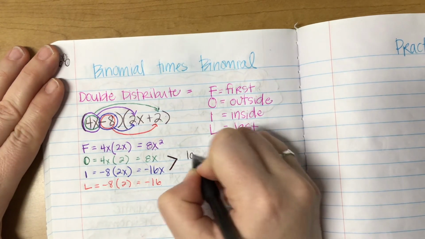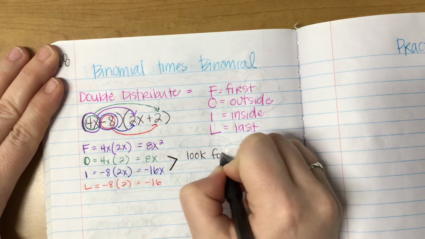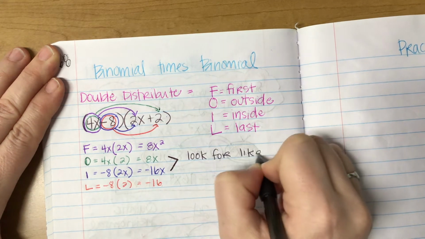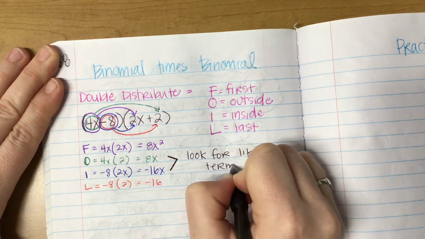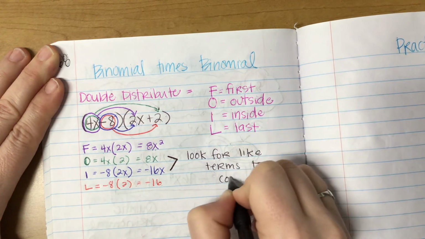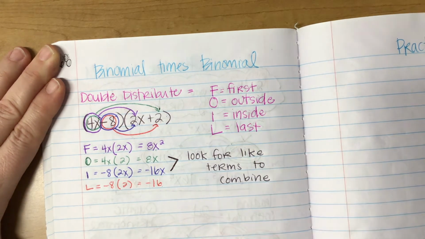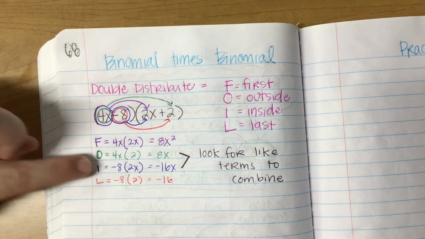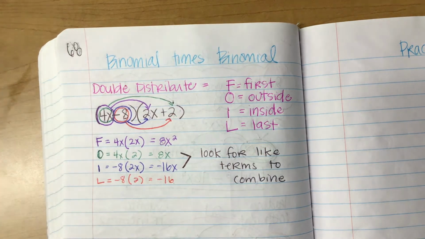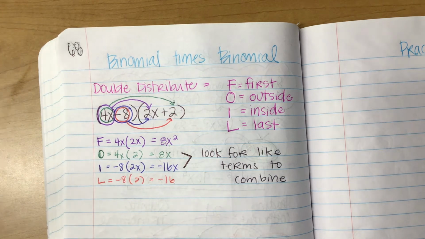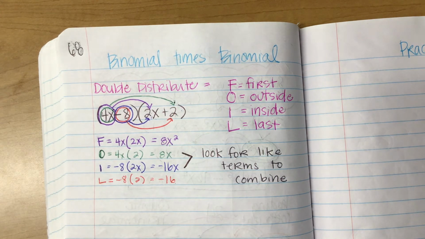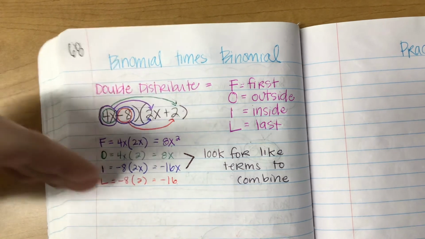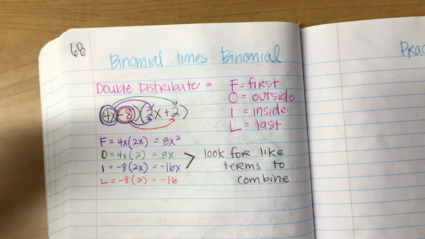So you need to look for like terms to combine. Typically, they're going to be in your O and I. It's not always going to be there. Sometimes you multiply and you're going to end up with 4 different terms. You're always going to have 4 terms in this initial process.